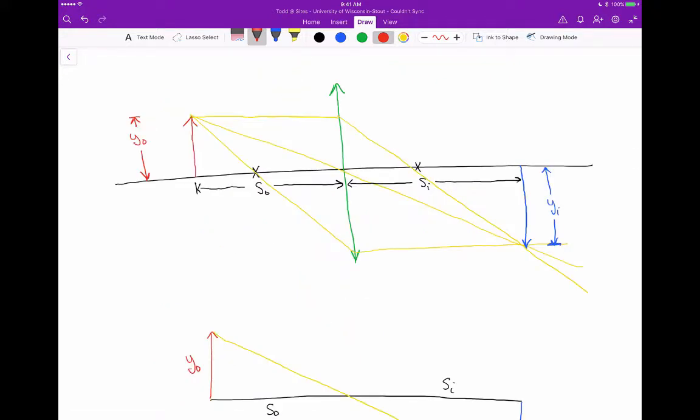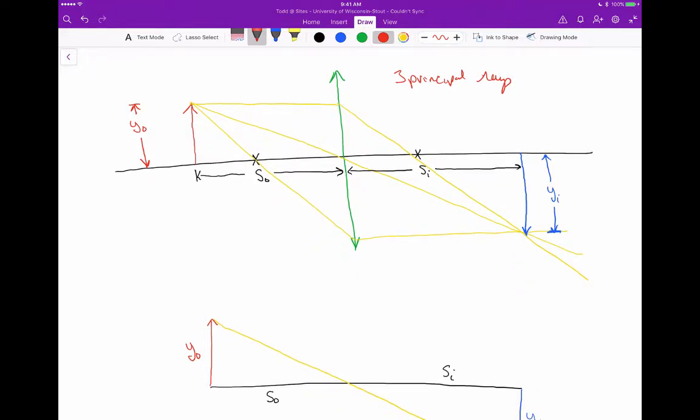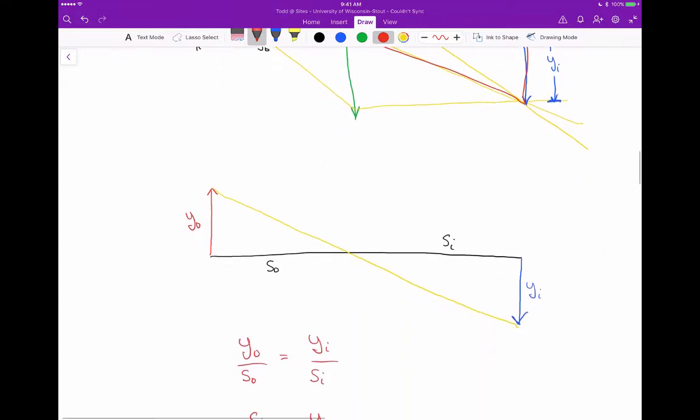Now, the image height isn't the only way to go about finding the magnification. In the ray model, these lines of light are just going in a straight line. I've shown the 3 principal rays here, and to define where my image is, now if we just look at this pair of triangles right here, I'm going to go ahead and sketch those down here.